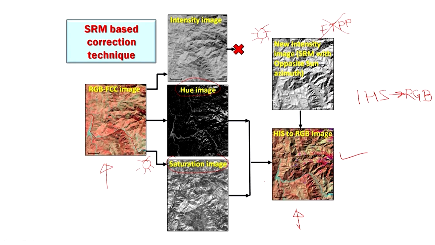Nowadays a lot of digital elevation models at high spatial resolutions are also available, generated using different satellite image processing techniques. Those can also be employed, and then this FTPP can be removed very successfully.